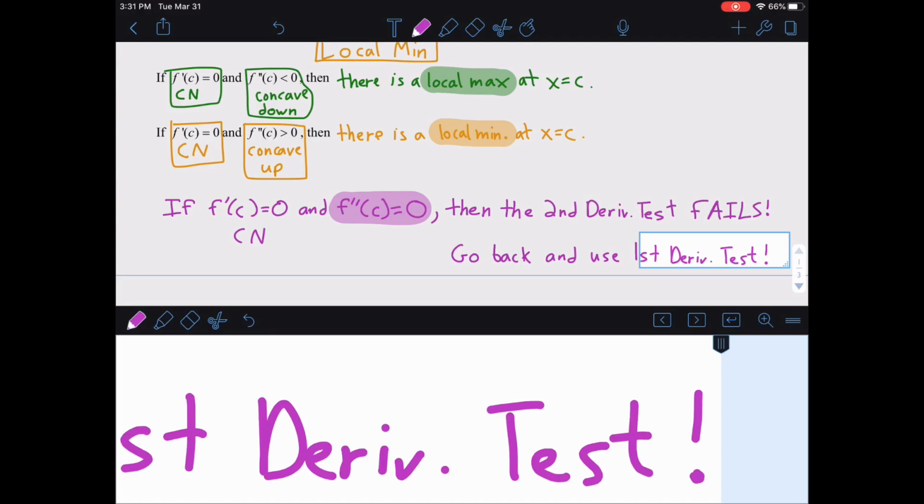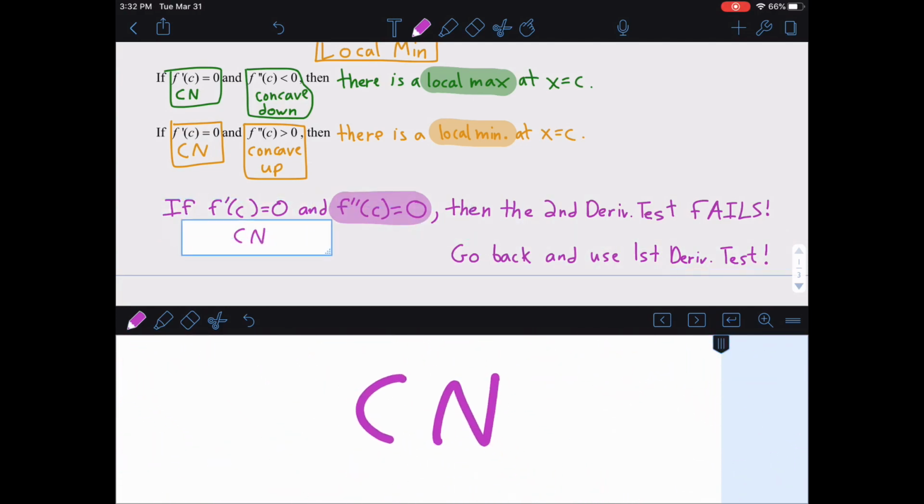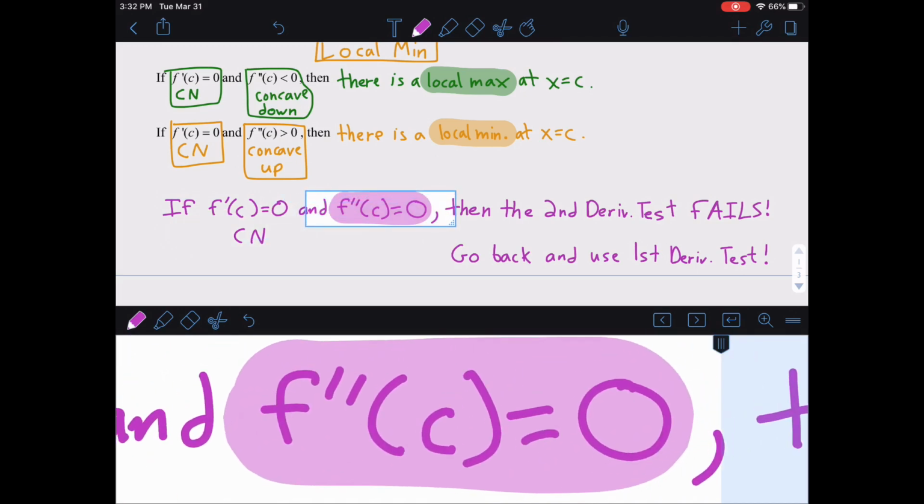So again, the only downside of the second derivative test: if the second derivative happens to be 0 at your critical number, meaning that there is no concavity there, that means the second derivative test fails. So sometimes that's going to mean there is no local max or min there, which, hey, that's possible. It's possible for a critical number to not give you a local max or a local min.